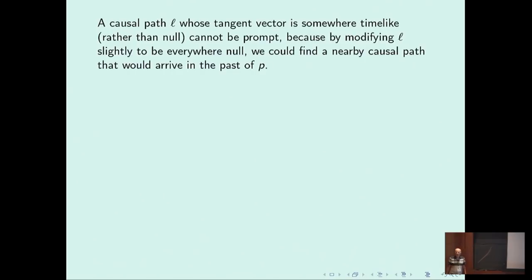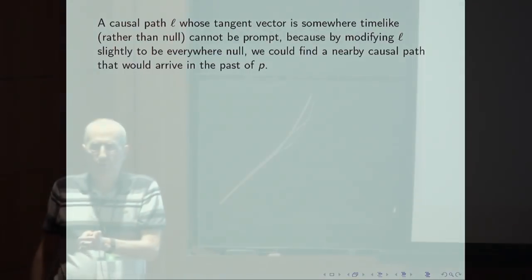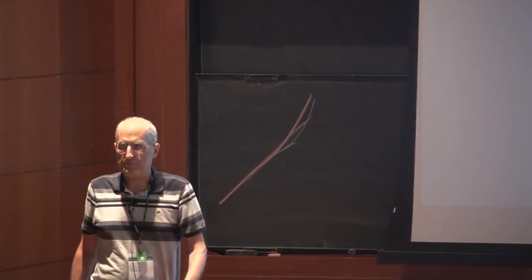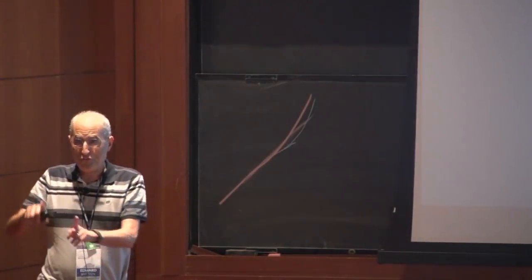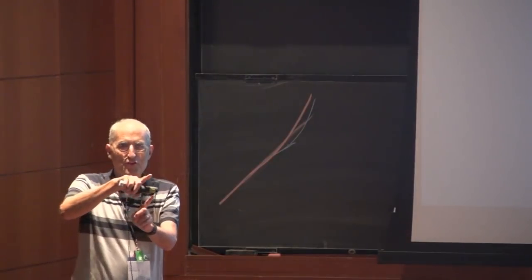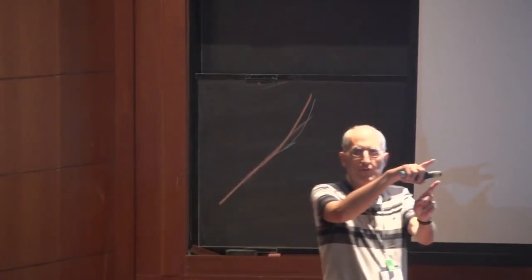And once you're slightly to the past, you can keep going everywhere slightly to the past on a causal path. So when I say slightly to the past of a given causal path, I mean a causal path that almost follows the first one, but is everywhere slightly to its past. Once you get to the past of another causal path, you can keep going parallel to it and remain always slightly in the past.